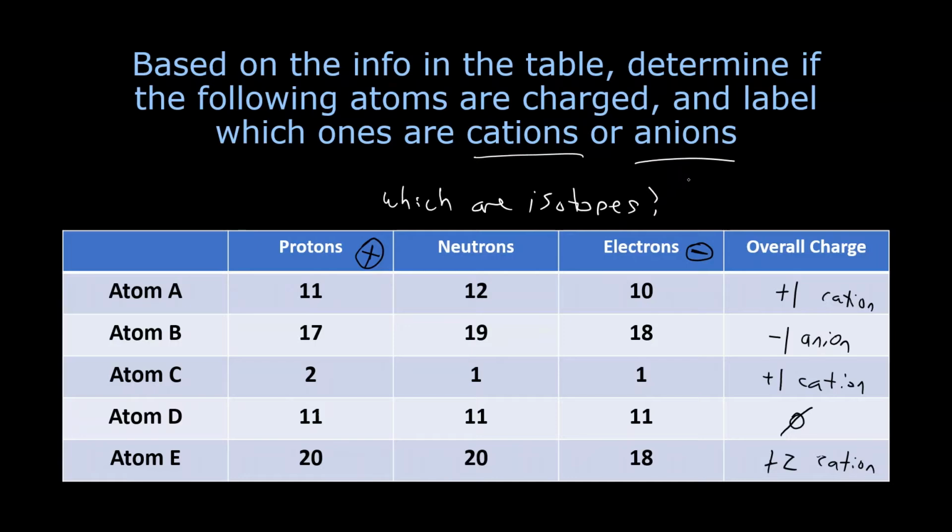Let me change my color here. I'll write it right here. We were looking for same protons, but different neutron number. And the only place I see that is atom A and atom D. Right? This has 11 protons, that's the same atomic number, but they differ in the amount of neutrons. So A and D are isotopes of one another.